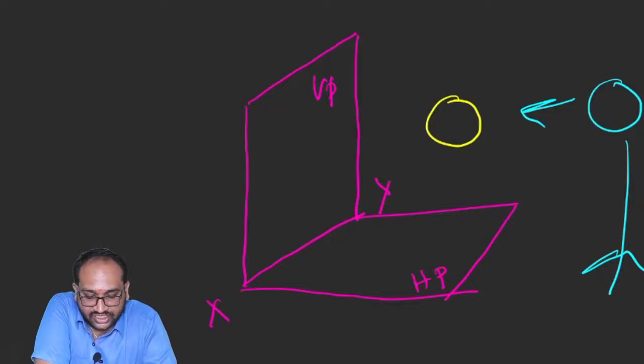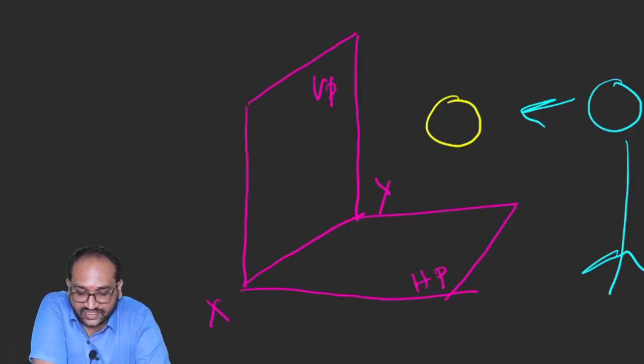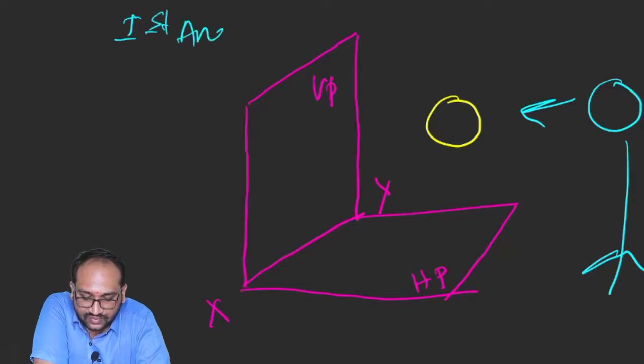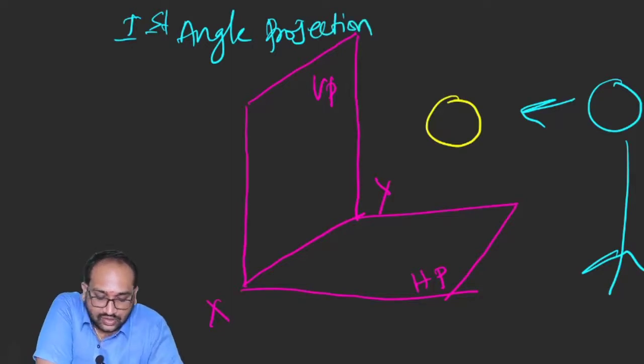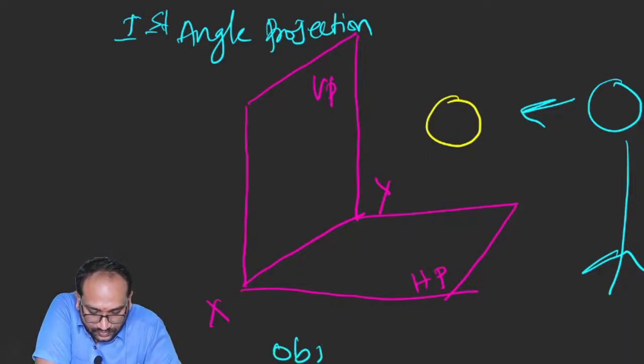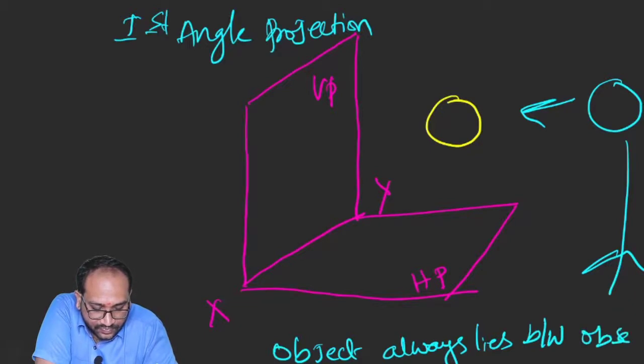If the object is placed in first quadrant, it is known as first angle projection. Principle of first angle projection is object always lies between observer and plane of projection.